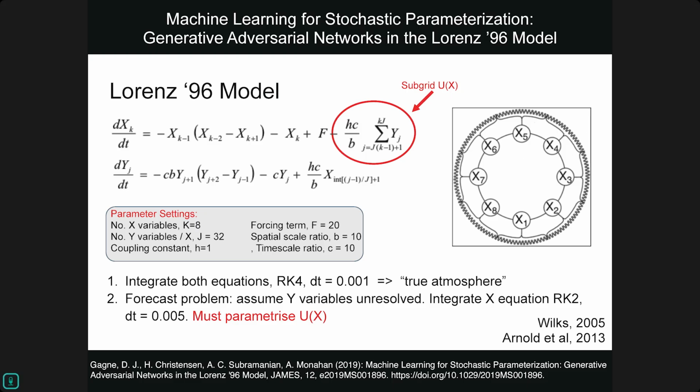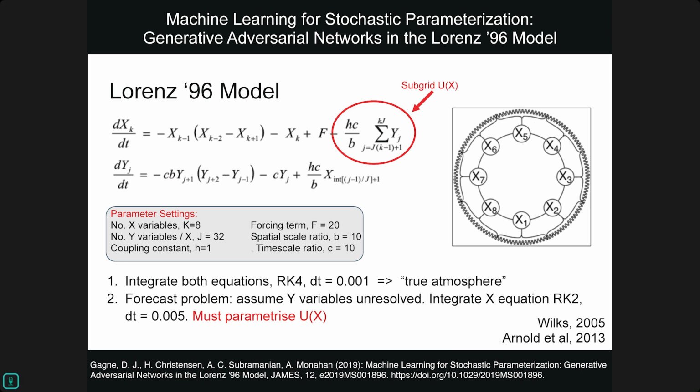Yeah, and then one quick example of machine learning for doing this stochastic parameterization. This work was led by David John Gagne, who's a machine learning expert at NCAR. So here we go back to the Lorenz model, but here we have a two-layer Lorenz system. The first layer, you can think of as similar to the Lorenz model that I gave in the data assimilation example.